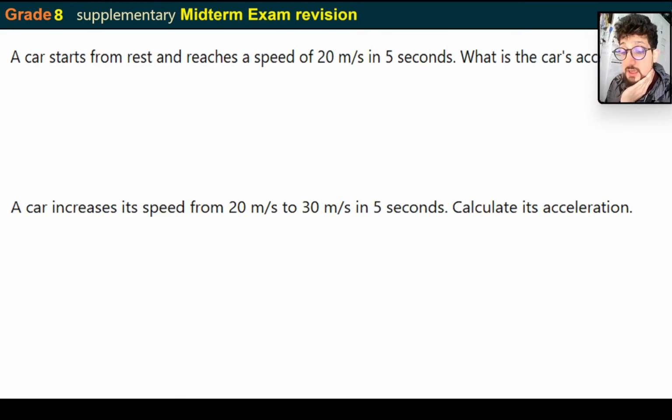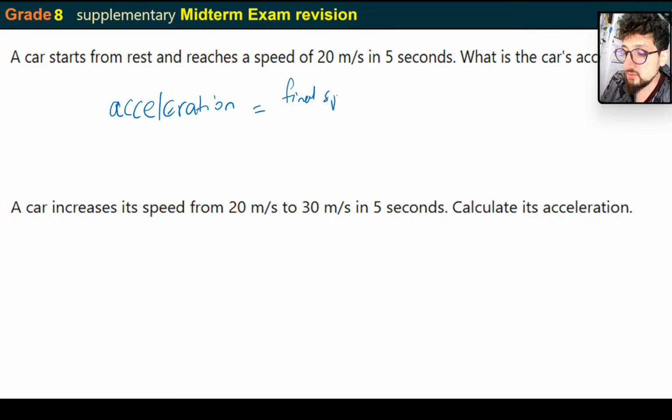Let's move on. A car starts from rest and reaches a speed of 20 meters per second in 5 seconds. What is the car's acceleration? So we're looking for acceleration here. Acceleration has a formula, and you will be given the formula. Acceleration equals final speed minus initial speed over time. Initial just means beginning.